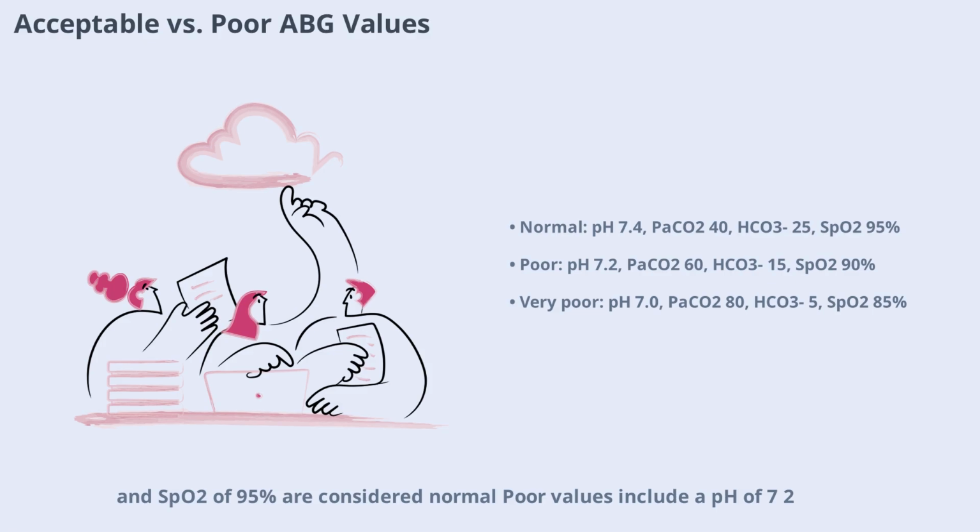Poor values include a pH of 7.2, PaCO2 of 60 mm Hg, HCO3 of 15 mEq/L, and SpO2 of 90%. Very poor values are more extreme and indicate severe derangement. Rapid deterioration is more concerning than gradual changes.